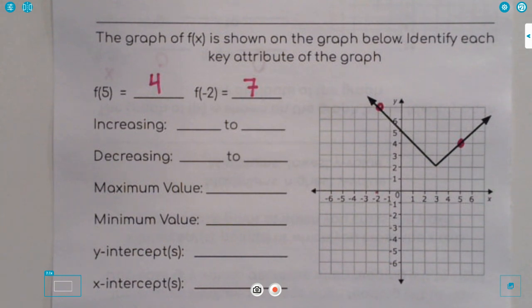Okay. Any questions about evaluating functions at certain values? Cool. Go ahead and flip this back over.